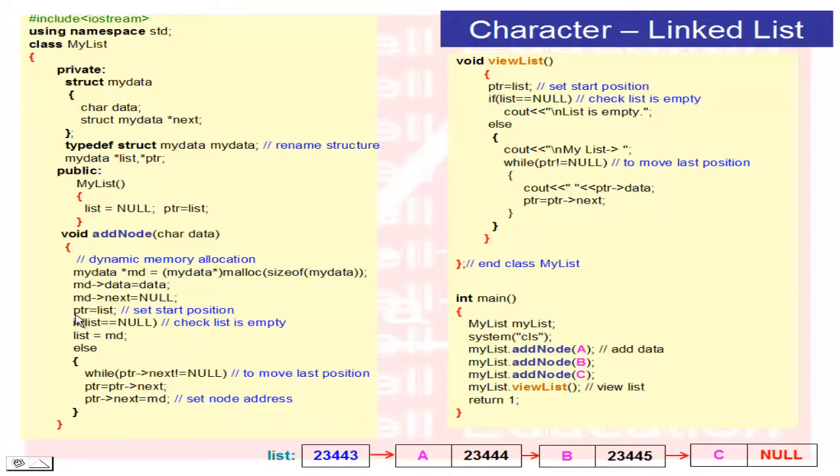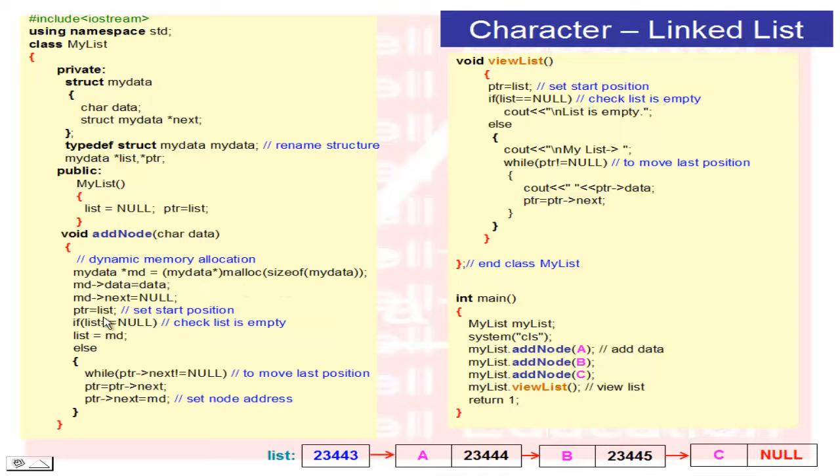Now ptr equals list, meaning set the start position. First we check if list equals null, then list equals the address of the md pointer, meaning the md variable which was already assigned an address by using memory allocation.